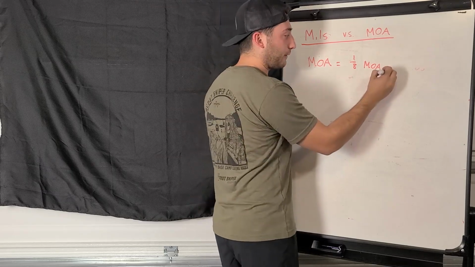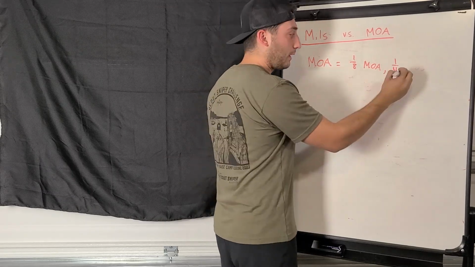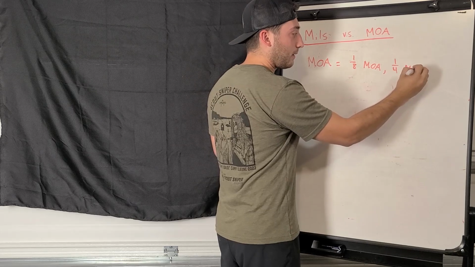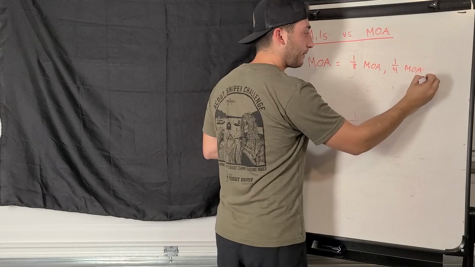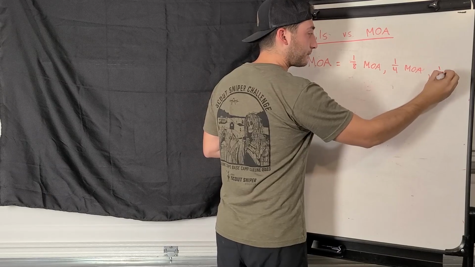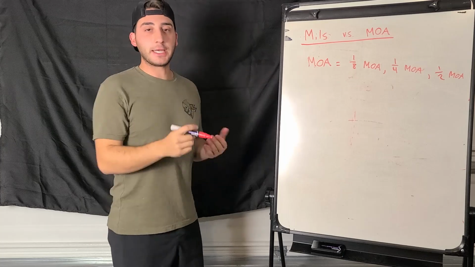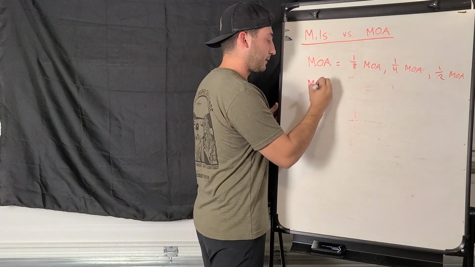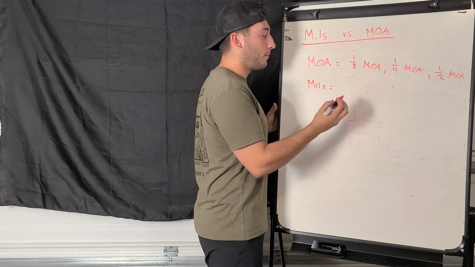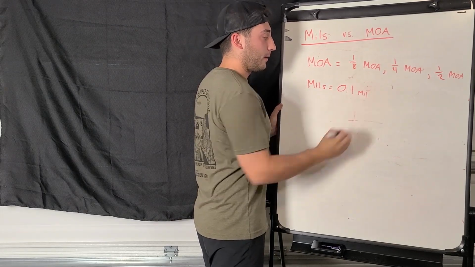But typically what you're going to find is scopes that are in a quarter MOA, and you may even find some scopes that are in a half an MOA. And those are increments of adjusting on your actual turrets. Whereas with MILs, you're almost always going to have 1/10 of a mil.